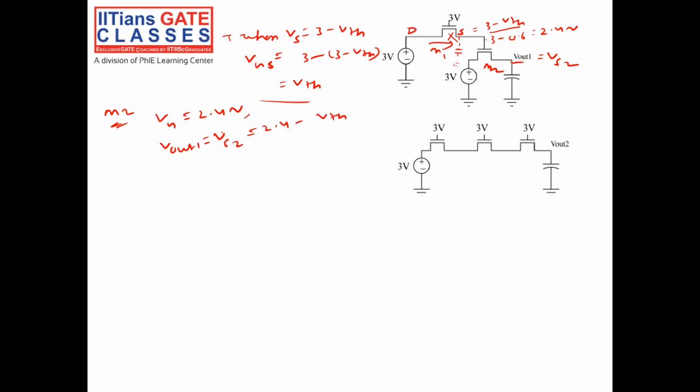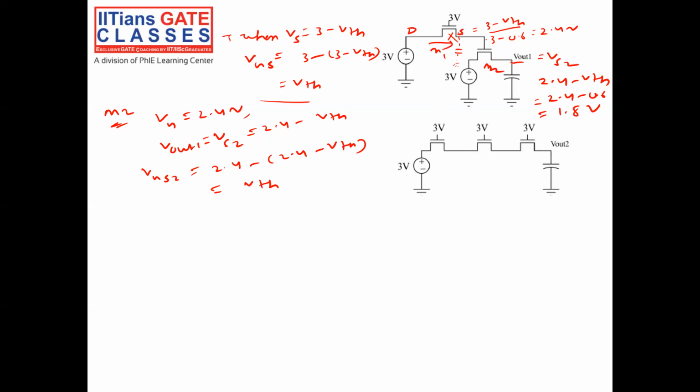At that time, Vgs2 is 2.4 minus (2.4 minus Vth), which is Vth. Then M2 will stop conducting, so my source potential will remain the same at 2.4 minus 0.6, equal to 1.8 volt. This is the answer for the first figure.